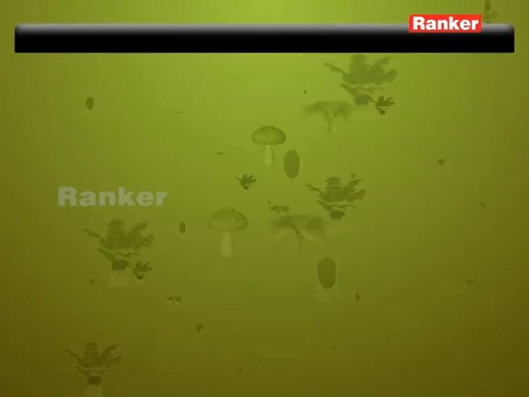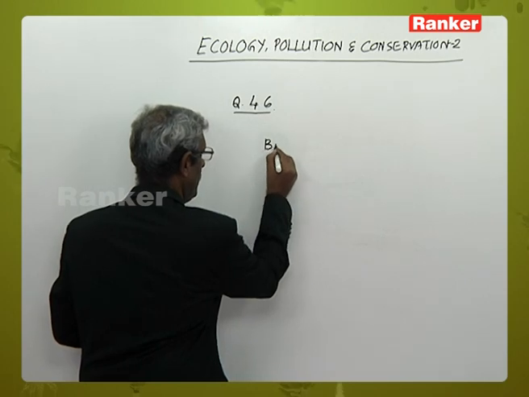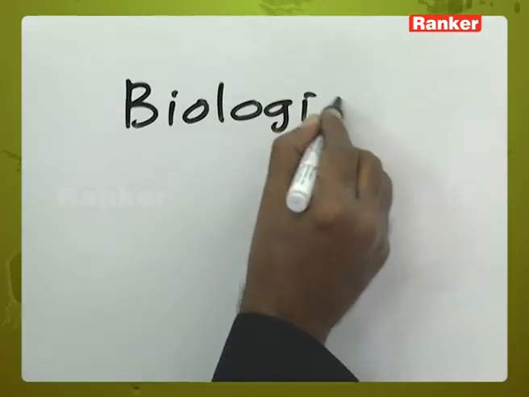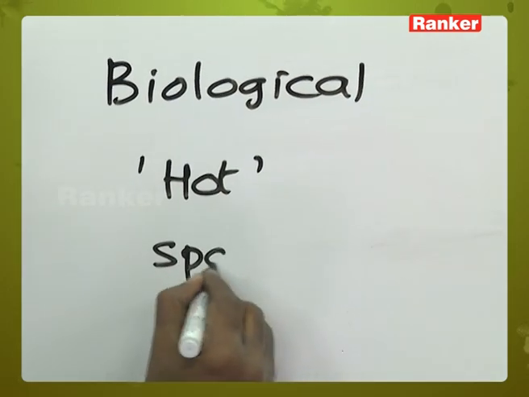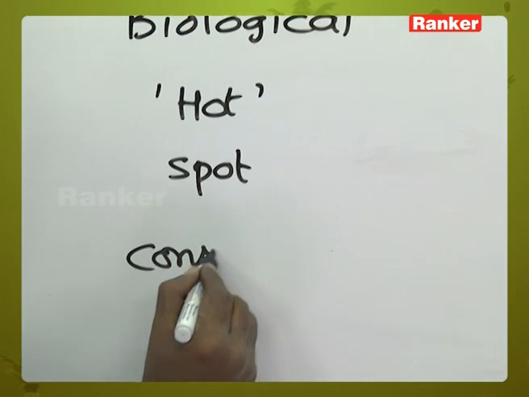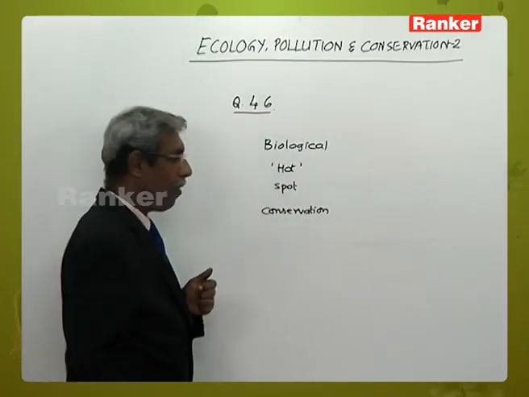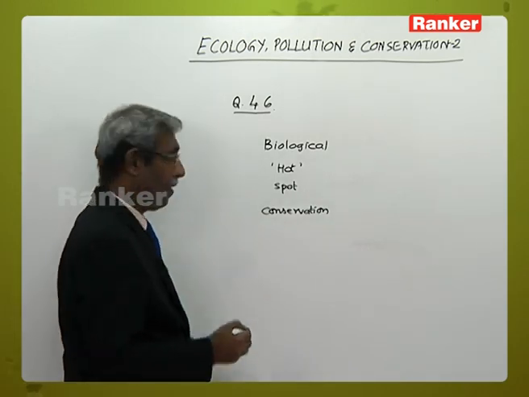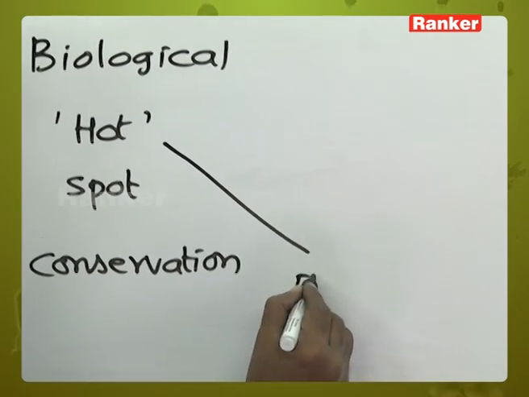Question number 46. Western Ghats come under hotspot category because of A. High elevation, B. Tropical climate, C. Evergreen forests, D. High endemism. When we deal with biological hotspot for conservation, a hotspot is an area which occurs especially in areas of high endemism.